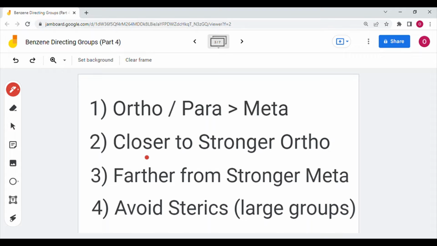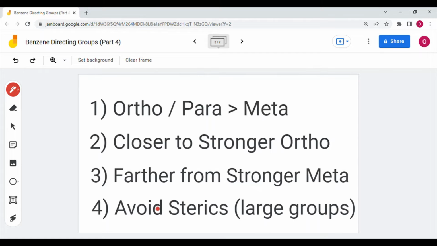The second criterion is that if there are two ortho-para groups, it is always going to be closer to the stronger ortho-para directing group. Likewise, the third criterion is if there are two meta directing groups, it's always going to be farther from the stronger meta group.